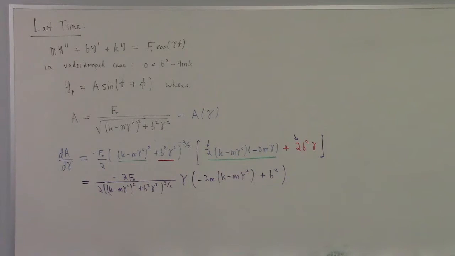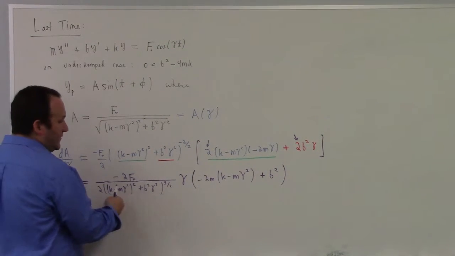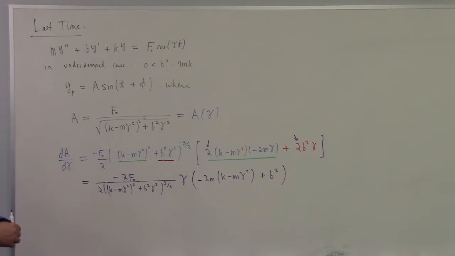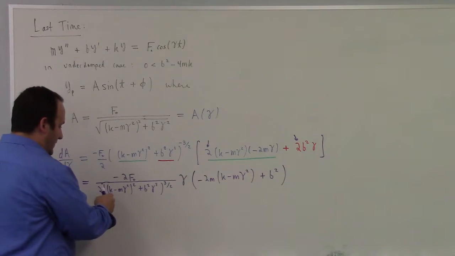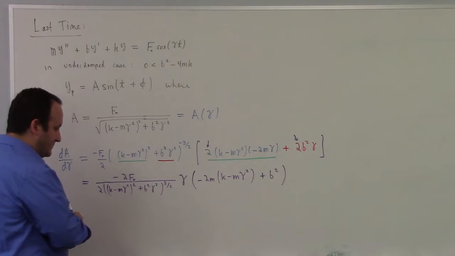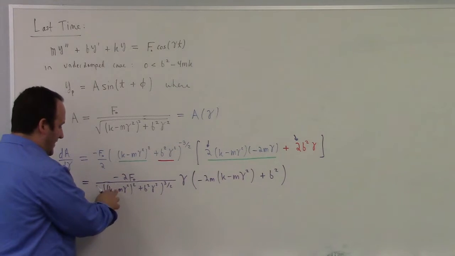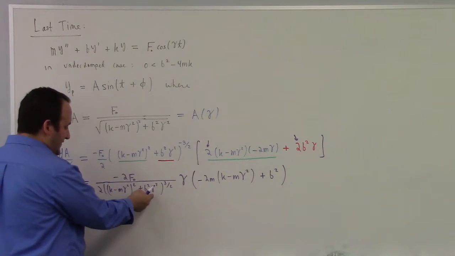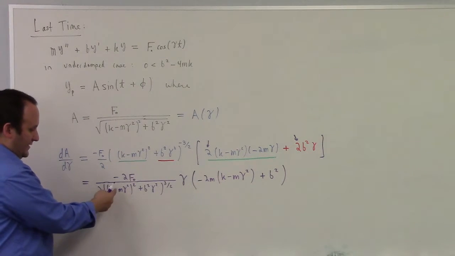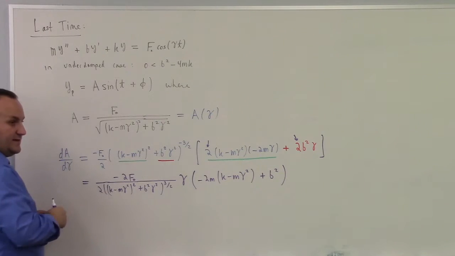Now, getting back to my question, no, that can't be 0. It's the sum of squares. And we're assuming, by the way, that k is non-zero. I guess you could hypothetically have, if b was 0 and k was equal to m gamma squared, then you'd be in trouble.